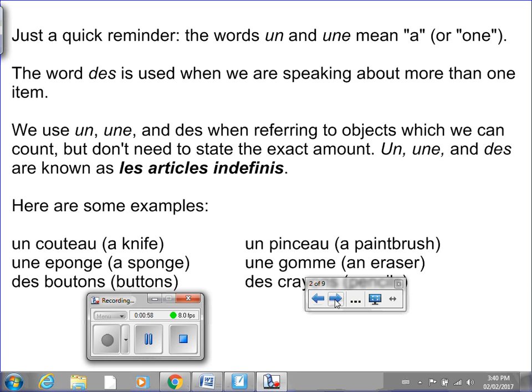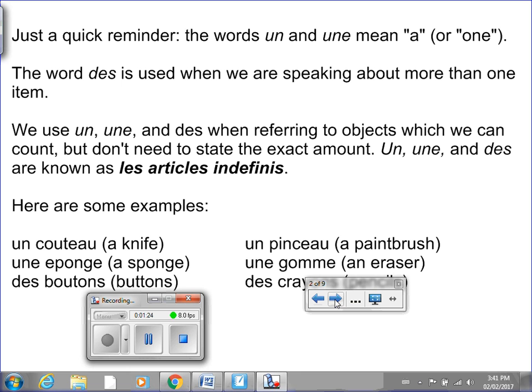Just a quick reminder, the words un and une mean a, or one. The word des is used when we are speaking about more than one item. We use un, une, and des when referring to objects which we can count, but don't need to state the exact amount.